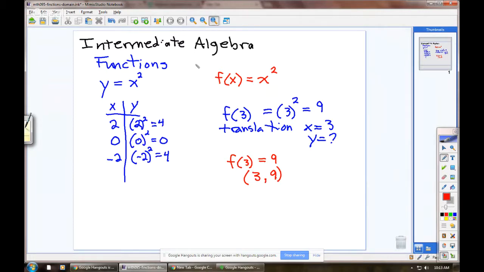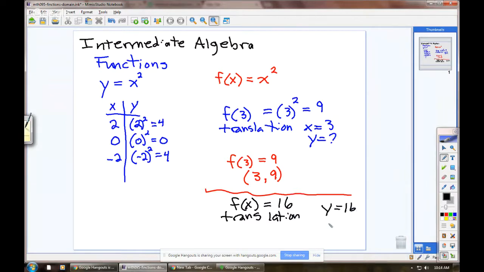On the other hand, if I wrote something like f of x equals 16, remember that f of x notation means it's a y value. So the translation here is that y equals 16, so backtrack and figure out what x could be.